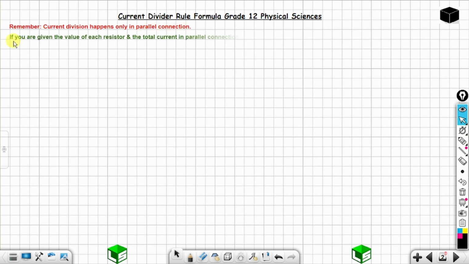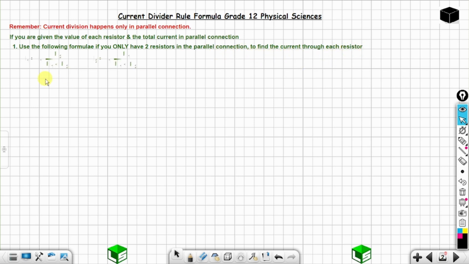So, if you are given the value of each resistor and the total current in a parallel connection, number 1: use the following formulae if you only have 2 resistors in the parallel connection to find the current through each resistor.